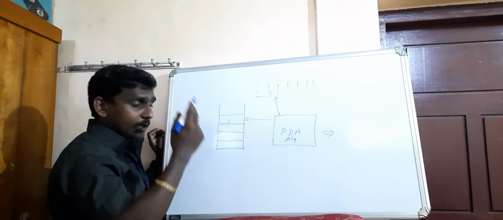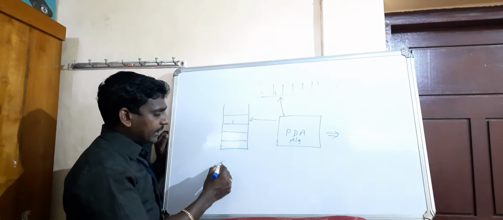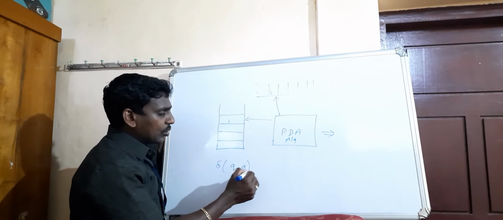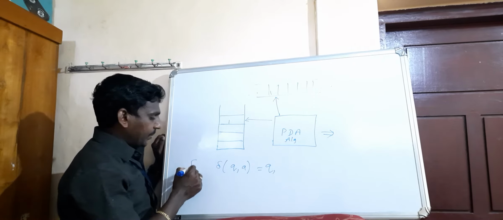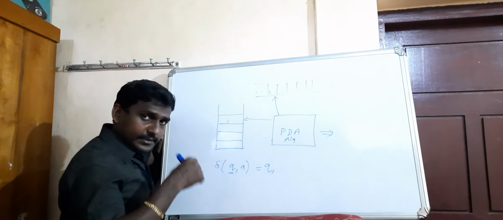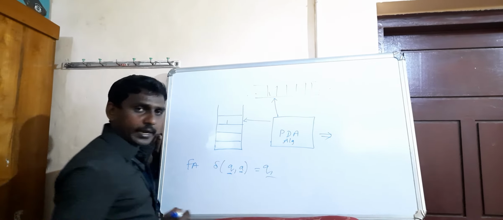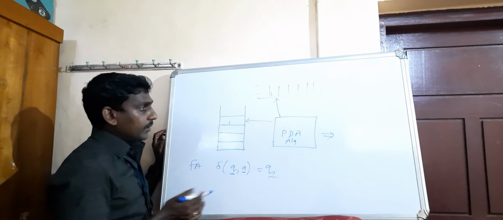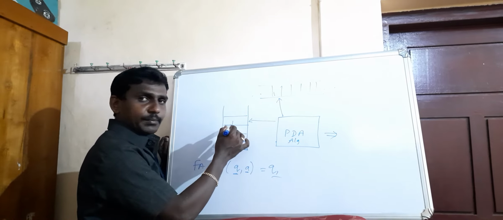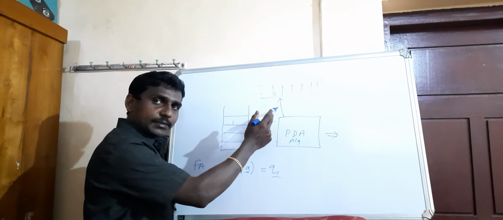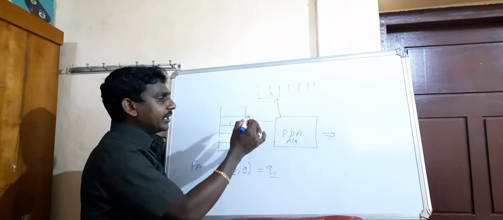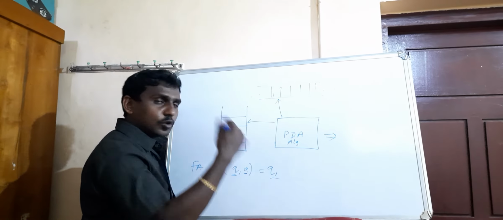For example, delta of q comma a equal to q1, this is finite automata. It reads the current state and the input symbol, then it goes to another state. This is PDA. But here it reads the current state and the stack symbol and the input symbol, then it goes to another state.